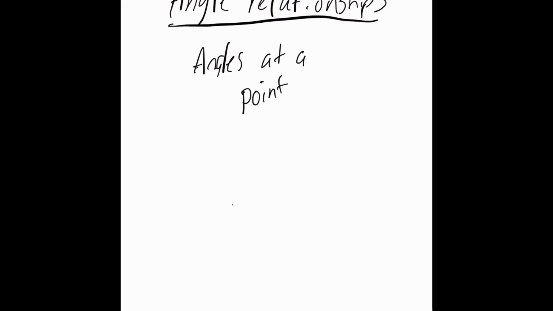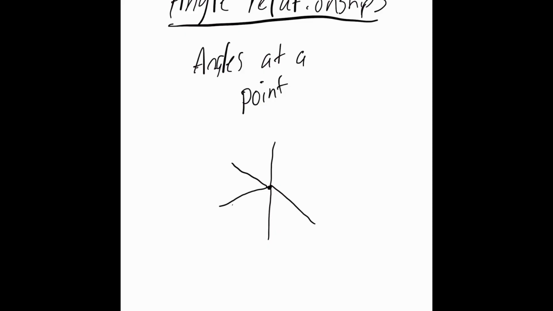If I break down where we started, we did complementary, which was just 90. We doubled that and did supplementary, which is 180. And now we're going to double that and do angles at a point. Of course, if you do 180 plus 180, that means you have 360.